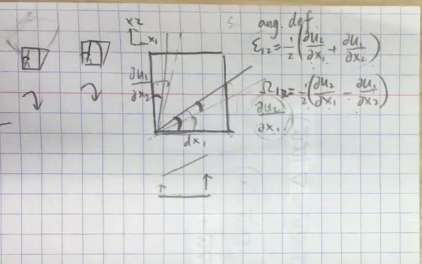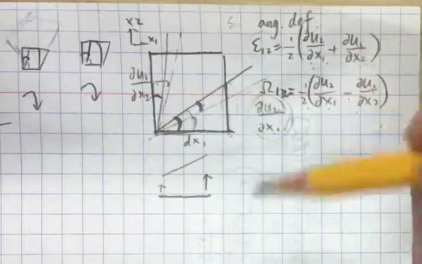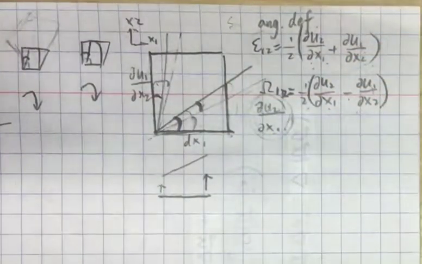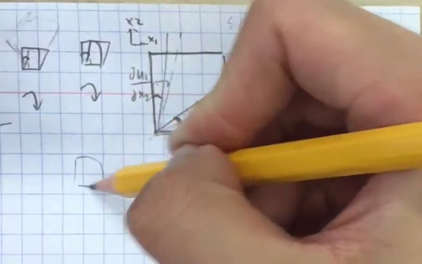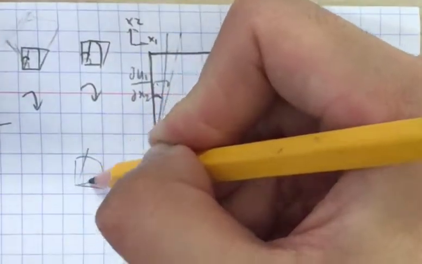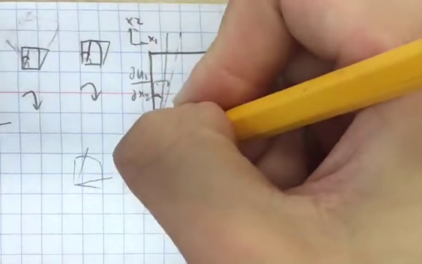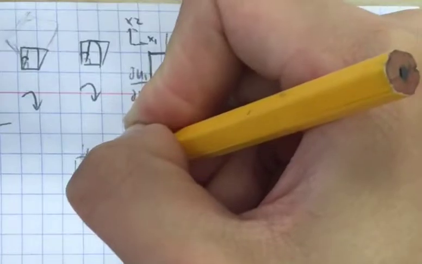Okay, so every movement, or every deformation plus rotation, you can say, we can divide down into two parts. First, we have the angular deformation, which is something like this. And then we have the rotation, which will make this thing something like this.